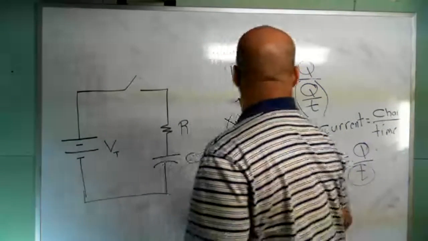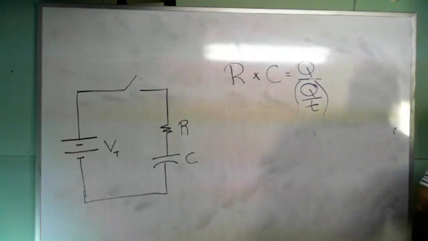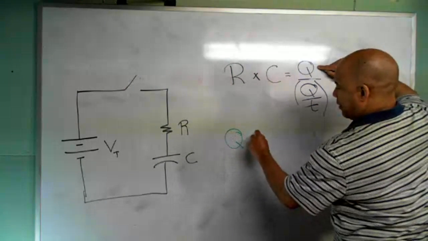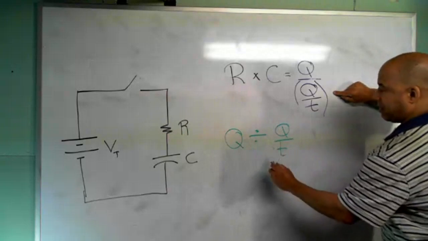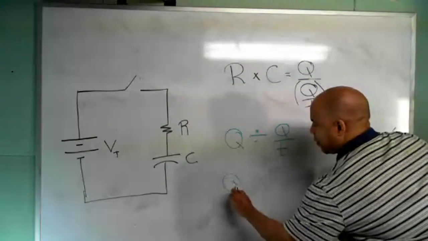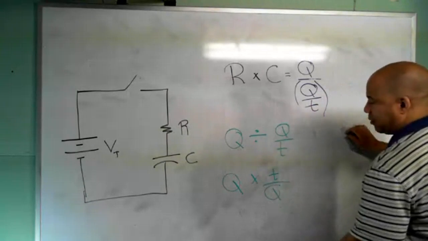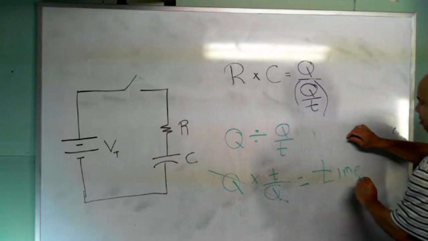Well, let's do it. If I take this Q divided by this Q on T, what I really got to do is take that Q times T on Q. When I do that, the Q's cancel, and I end up with T, which is time.